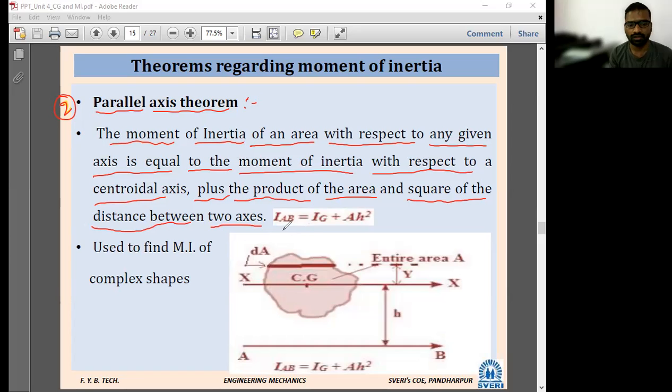Next line: IAB is equal to IG plus AH square.